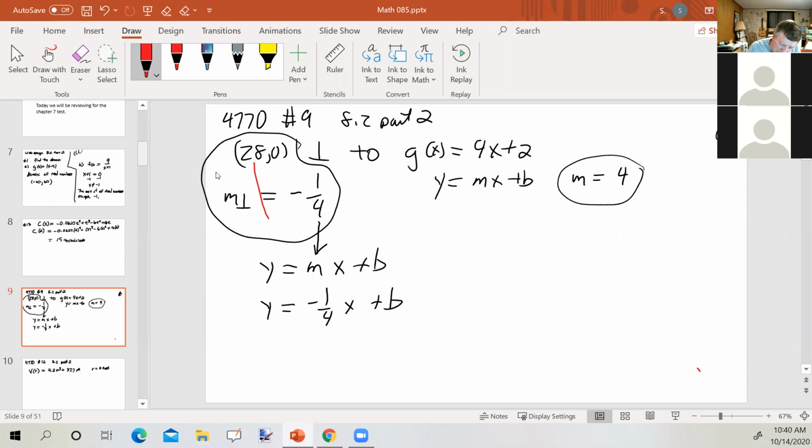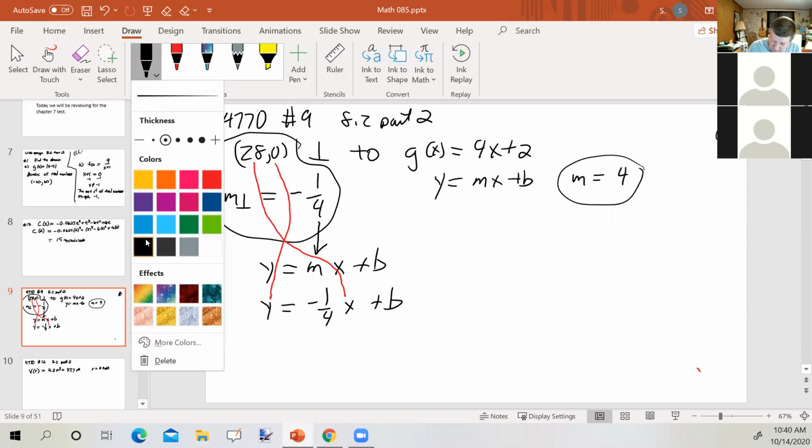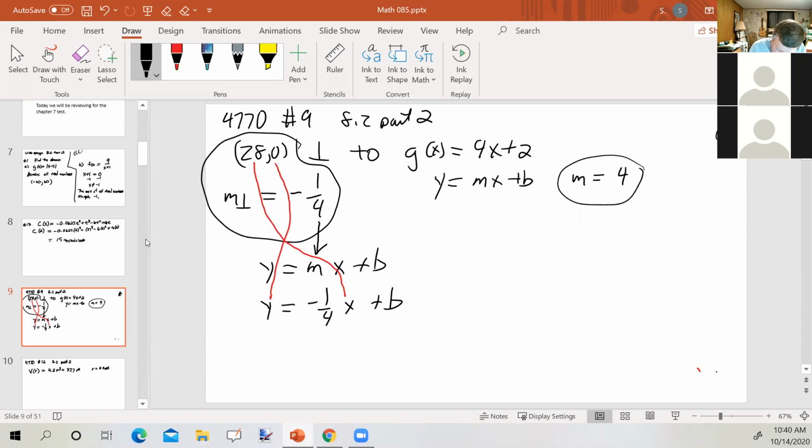X is 28, so that goes here. y is 0, so that goes there. That gives me 0 equals -1/4 times 28 plus b. Again, any questions there?